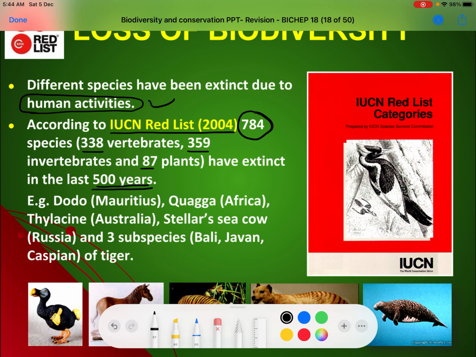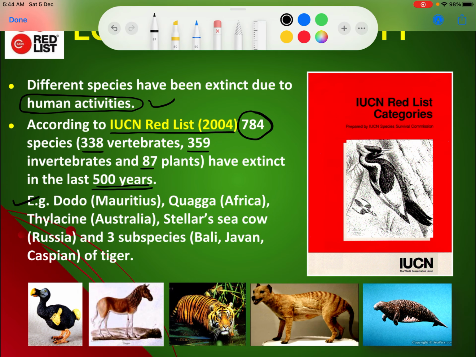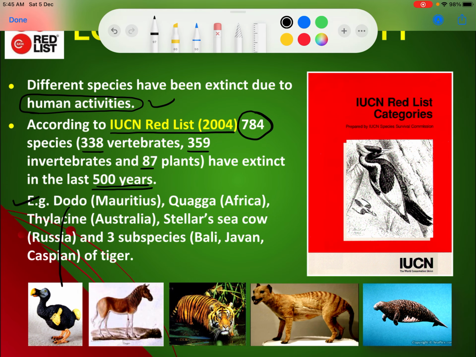And the examples which are given: Dodo in Mauritius, it is a bird. Quagga in Africa, which is half like a horse, half like a zebra. Thylacine in Australia. Steller's sea cow in Russia.